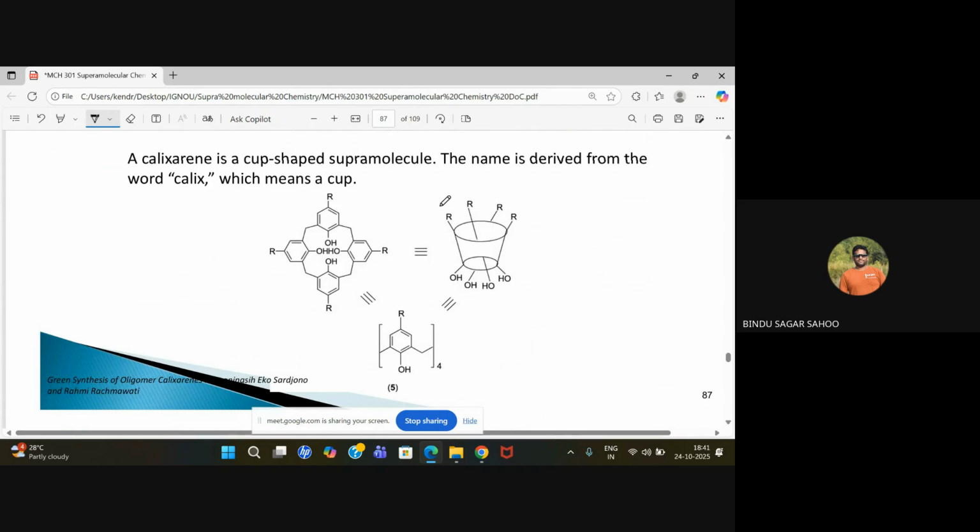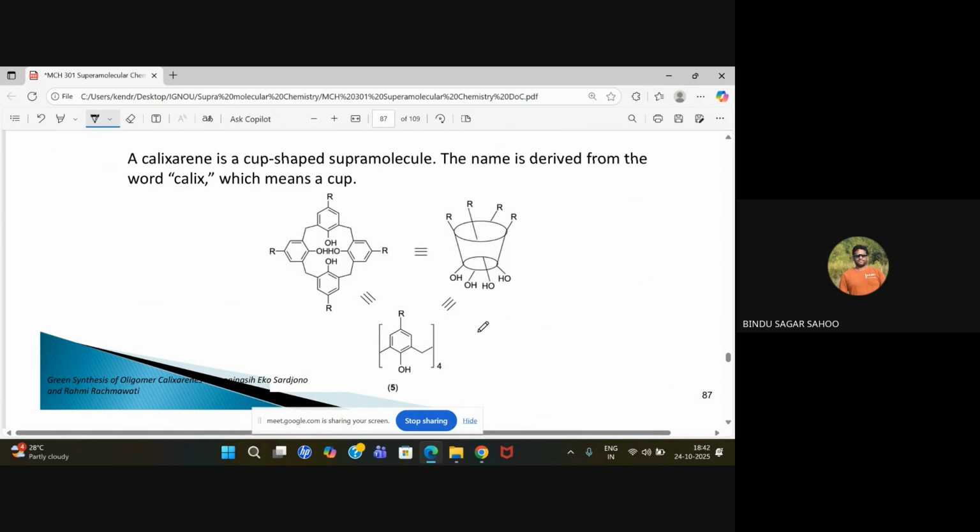One side of the cup is surrounded by R groups, so this part provides a hydrophobic environment due to the presence of alkyl groups. The lower part is covered with OH groups, which provides a hydrophilic environment.